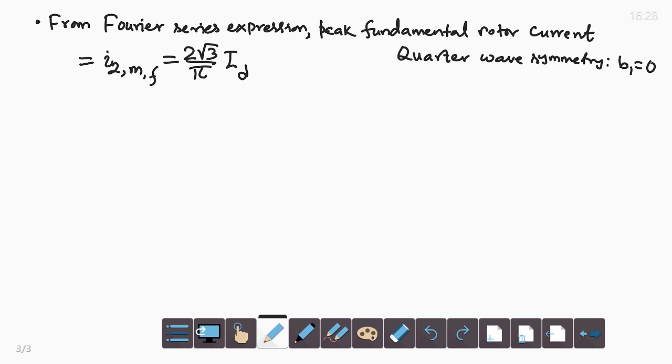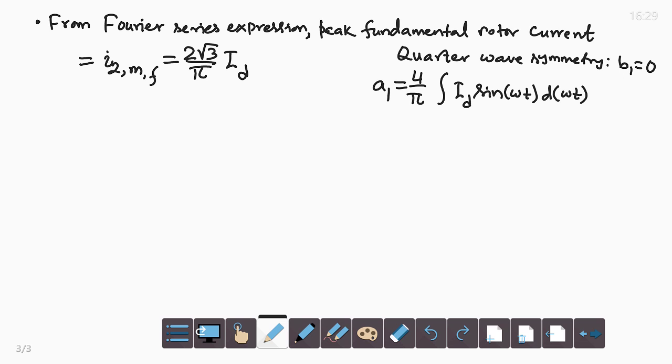and A1 corresponding to the peak fundamental rotor current is 4 by pi integral of I d sin omega t d of omega t.